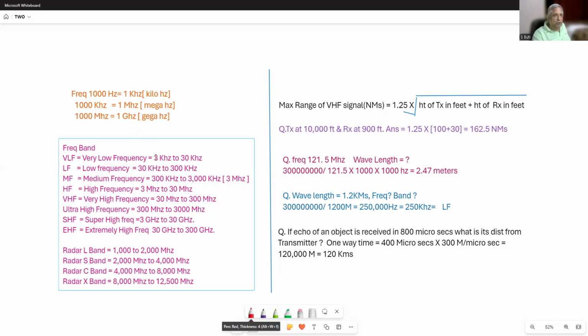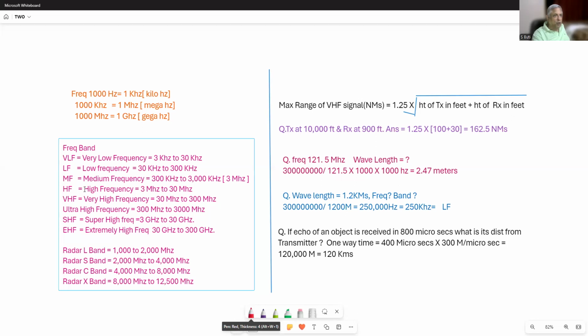Now, the lowest usable radio frequency, which has got the properties of radio waves, is 3 kilohertz. 3 to 30 kilohertz is very low frequency, then 30 to 300 kilohertz is low frequency, and 300 to 3000 kilohertz, which now becomes 3 megahertz, is medium frequency.